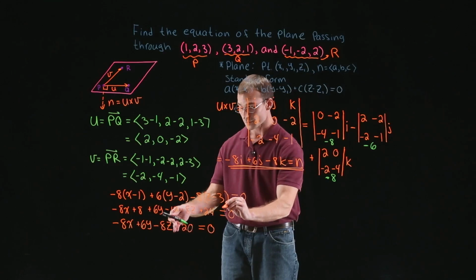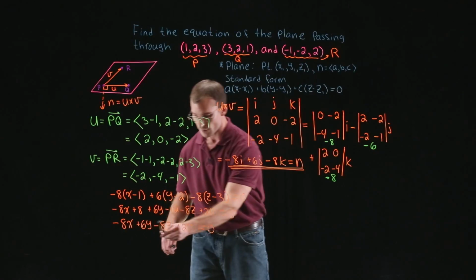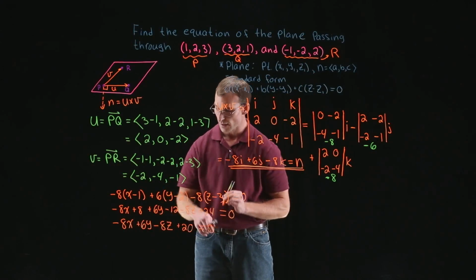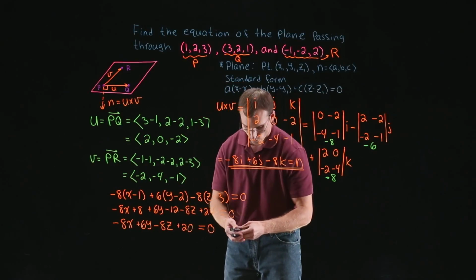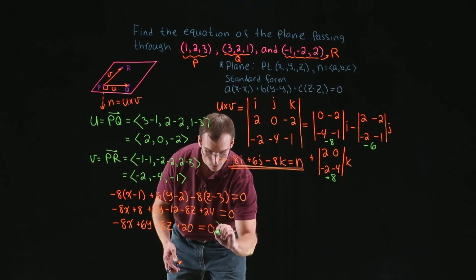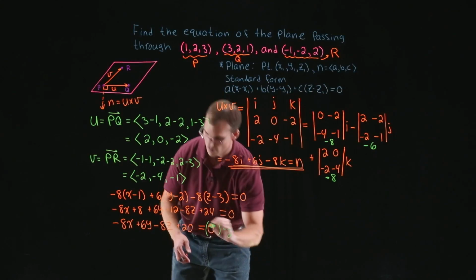Okay, so again, we could stop here, but we're going to take this just a little bit further. If we notice, we can reduce some of these terms. So we have -8, +6, -8, and 20. So we're going to take this and multiply through all the way by -1/2.